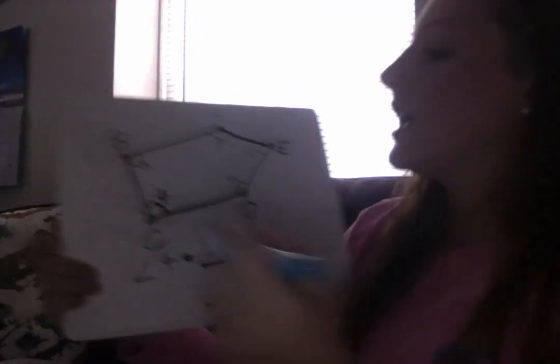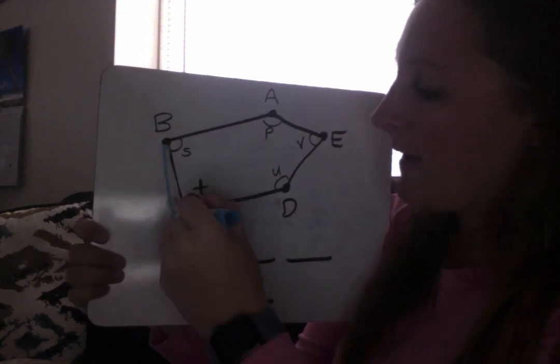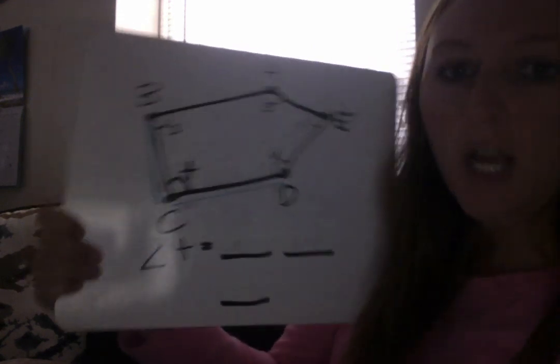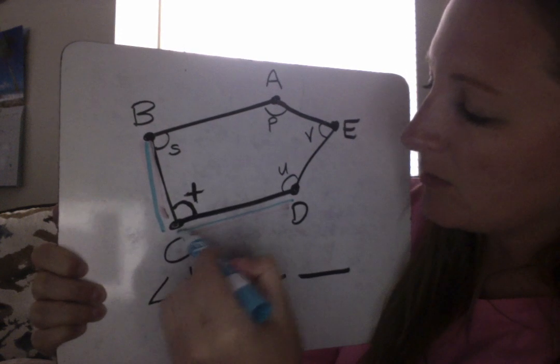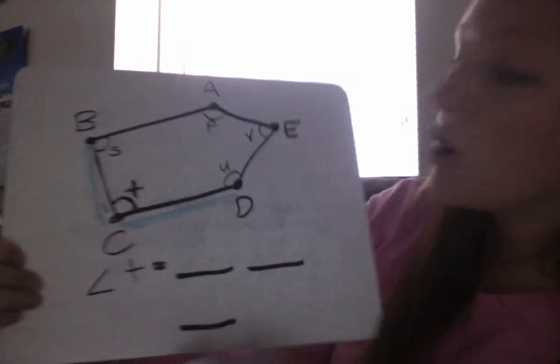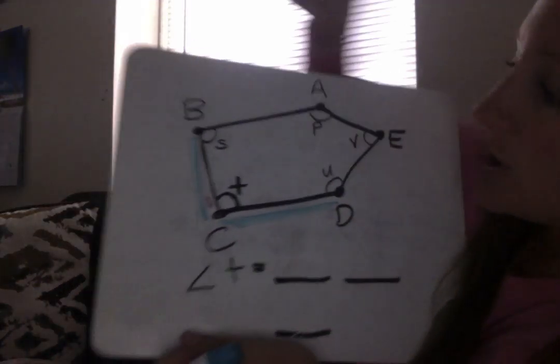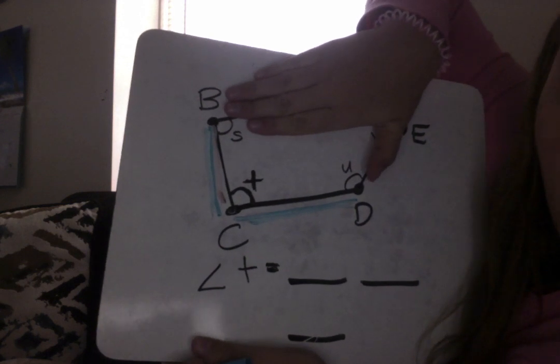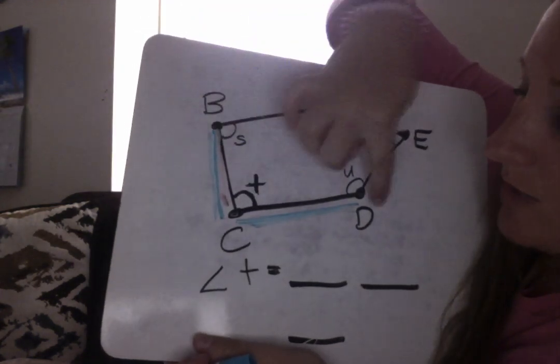Wow. All right, let's try that again. It would be looking at this part of the shape, the part that's in blue. Okay, so we could really just forget about all of this stuff and just look at this angle right here.